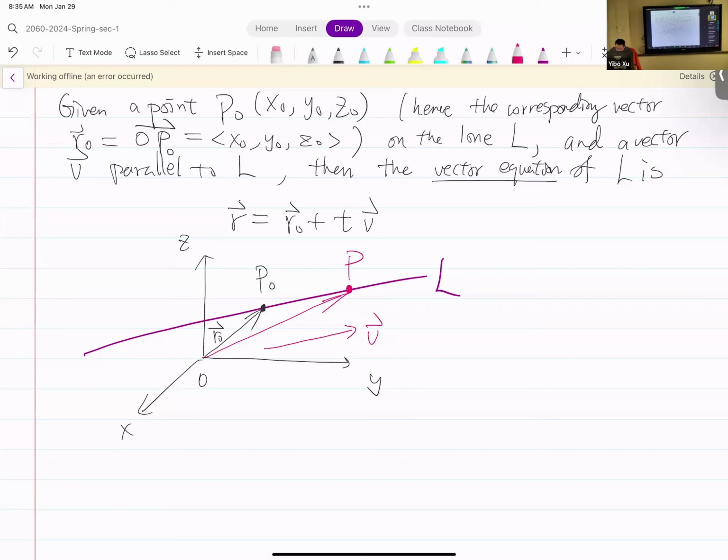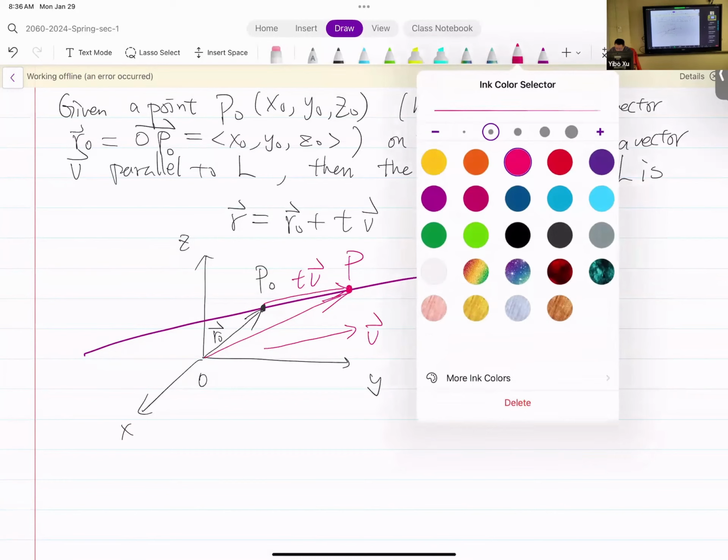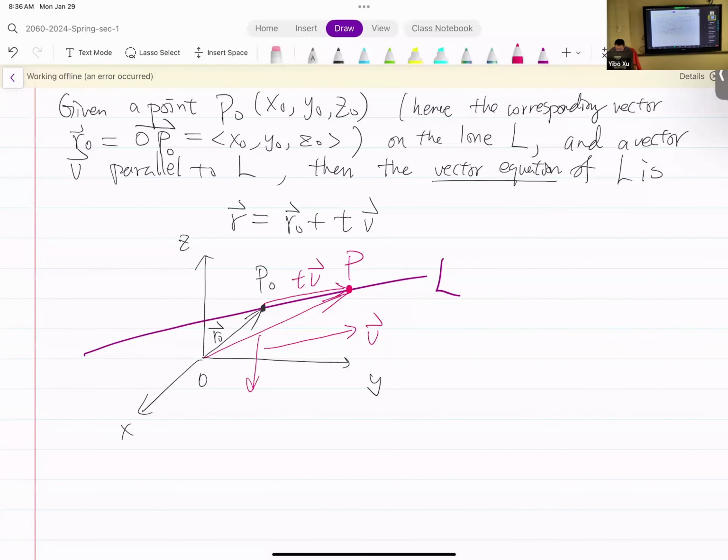You see this one is tv for some scalar t, and this vector here is r0 plus tv. Just the sum rule, well, the triangle rule.